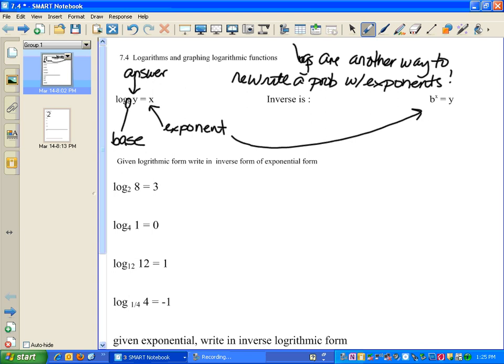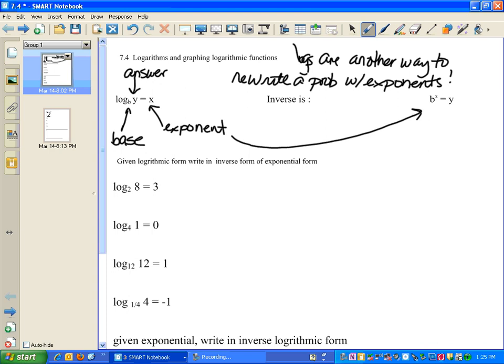It's just another way to write an exponential problem. That was your little subscript of b. So there's your base. Okay, so our base is what has our exponent when we flip-flop them around. Okay, they are inverses of each other. They're another way to write the same information, just having it placed differently.